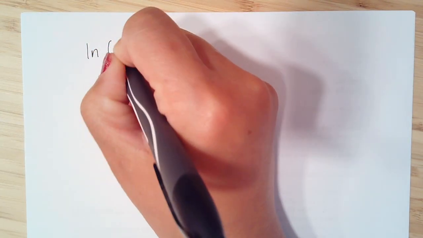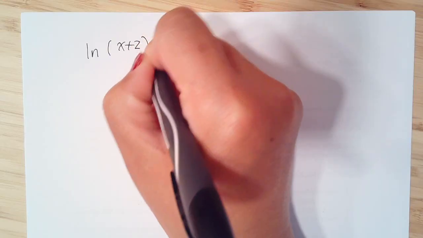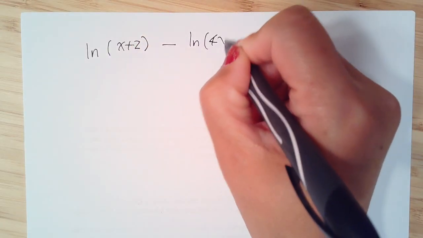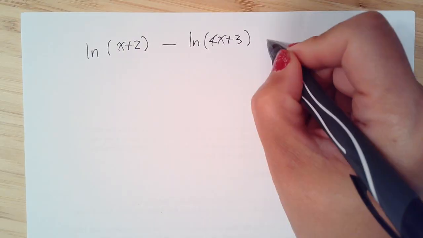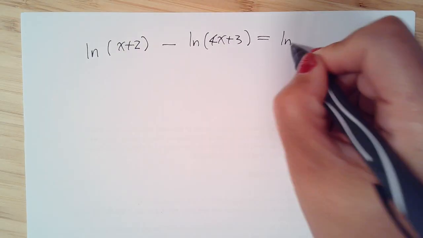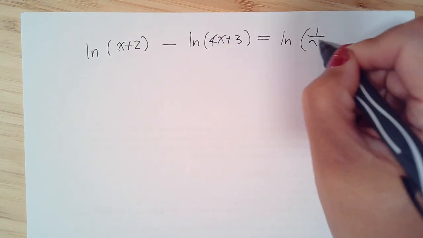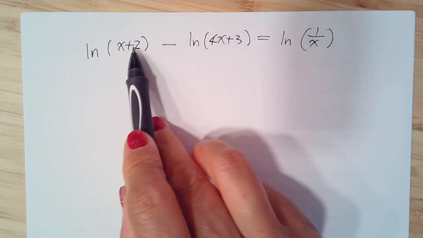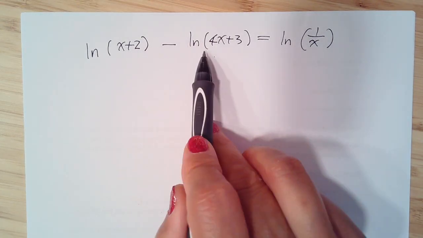ln of x plus 2 minus ln of 4x plus 3 equals ln of 1 over x. This is a log equation. All right, now this divided by this, right? This is log minus log.